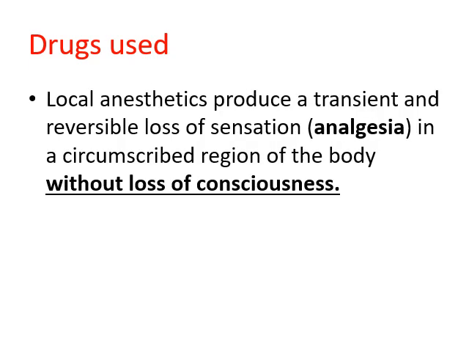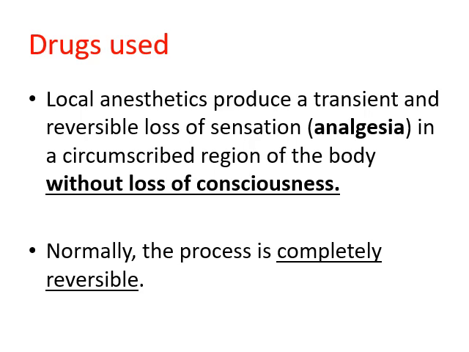What are the drugs used in spinal anesthesia? In spinal anesthesia and epidural anesthesia, we use local anesthetic drugs. Local anesthetics produce a transient and reversible loss of sensation without loss of consciousness, so the process is usually reversible.